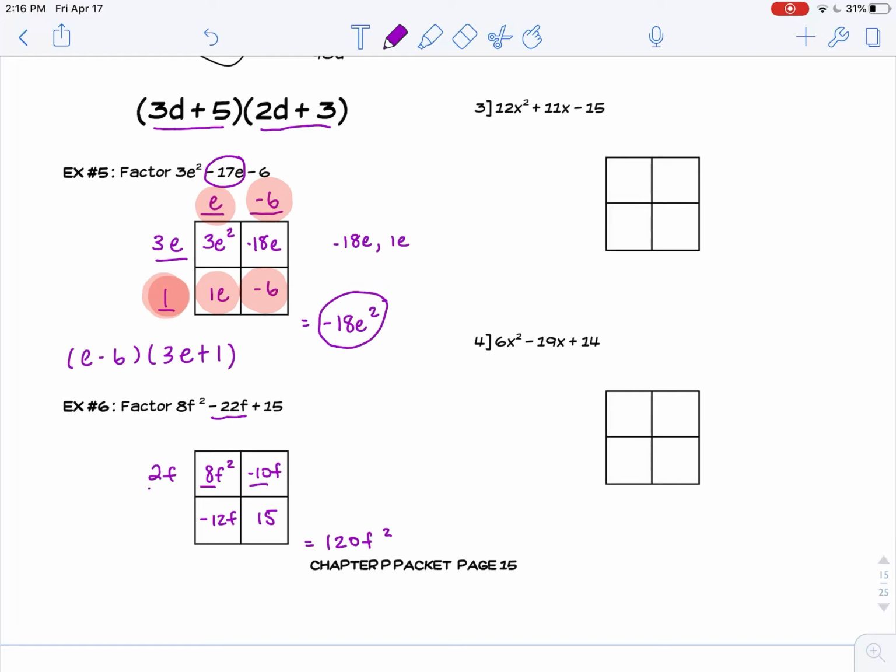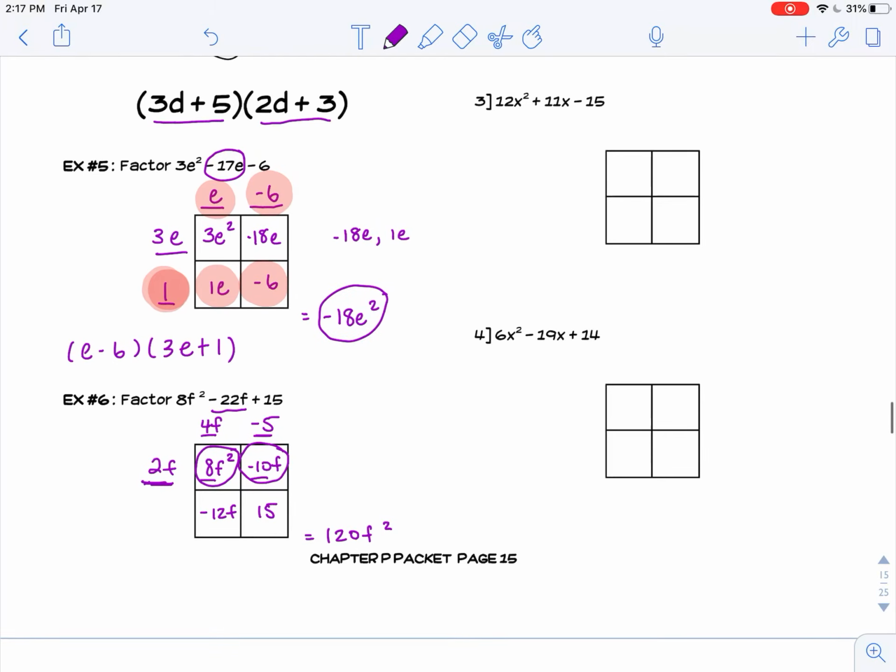Now, 2f times blank should give me 8f squared. 2f times 4f gives me 8f squared. 2f times blank should give me negative 10f. 2f times negative 5 gives me negative 10f.